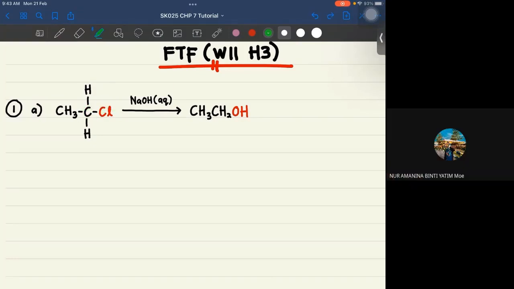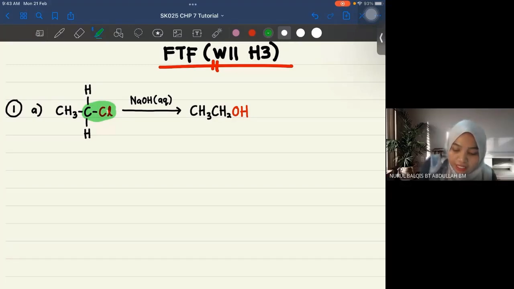Primary, secondary, or tertiary? Primary. Okay, Primary. So kita ada, yes, thank you. Kita ada primary alkyl halide to pair up with sodium hydroxide. It's a strong or weak species? Strong or weak nucleophile? Strong.